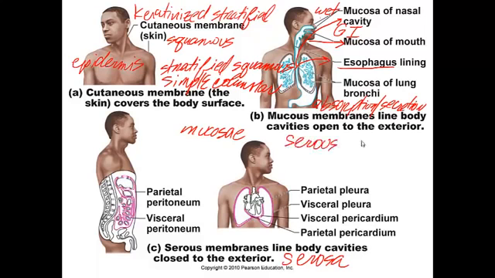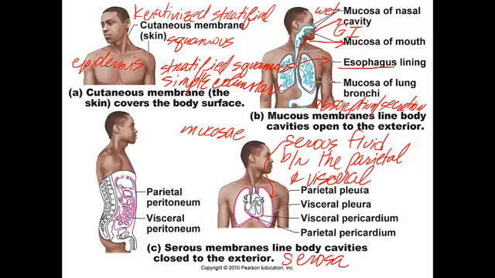So serous fluid is produced, and this serous fluid is going to be found actually between these membranes. So it'll be located between the parietal and the visceral layer. And the function of this serous fluid is to help to prevent friction for that particular organ.